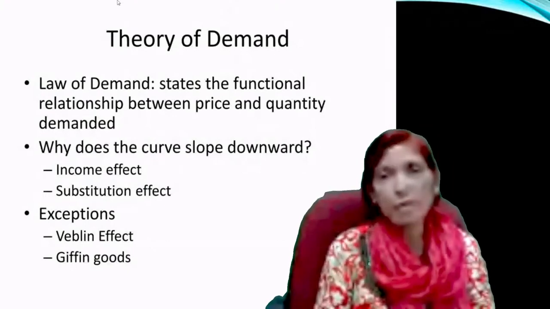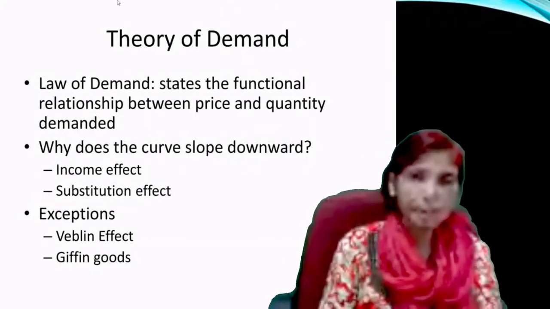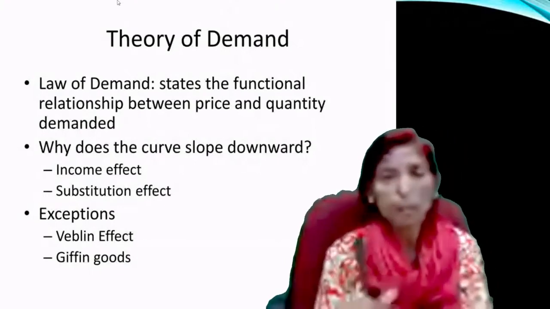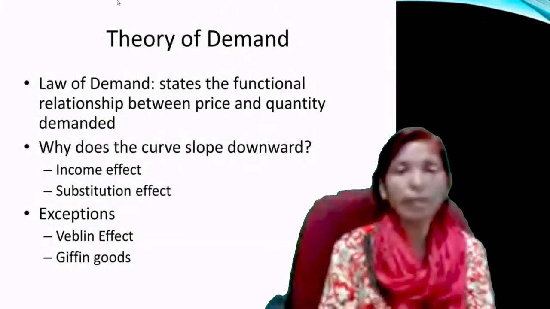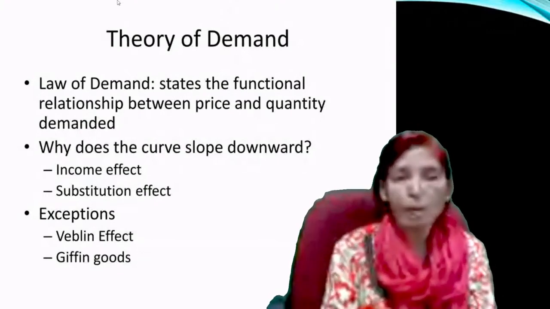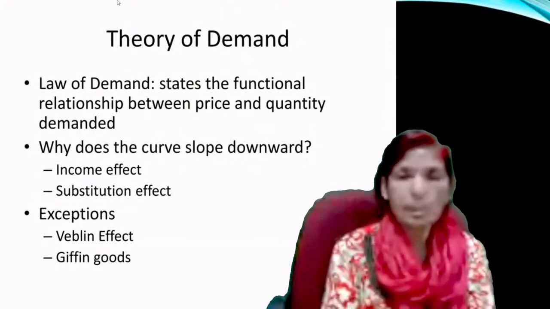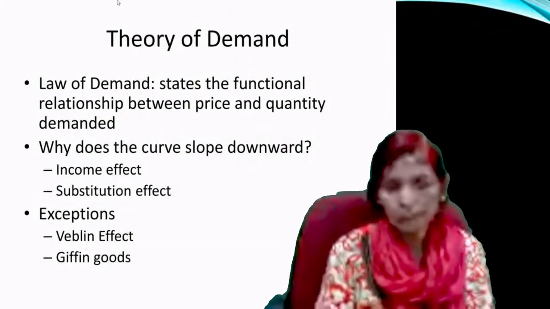These are known as exceptional cases of demand. And we will discuss all these things in detail in today's session. This is the brief description of this theory of demand, in which you will study the law of demand, why the demand curve slopes downward, and what are the exceptions or limitations of this theory of demand.